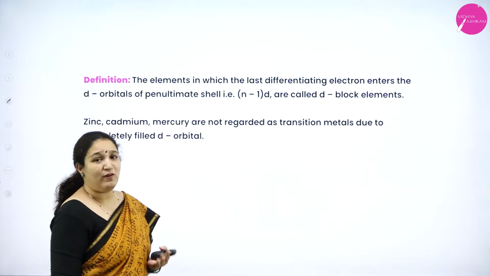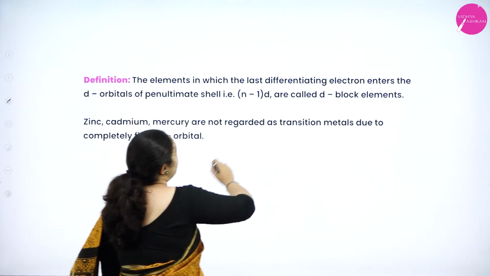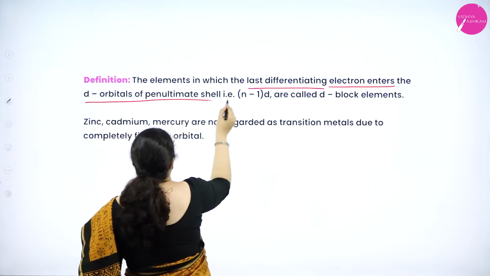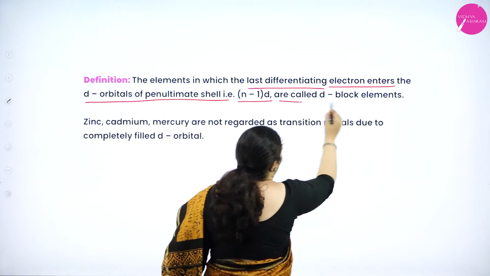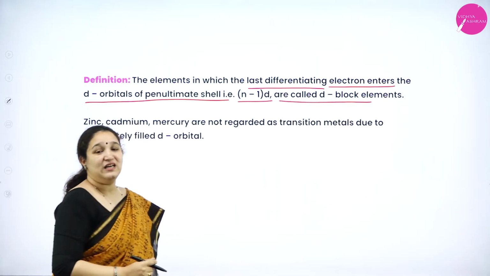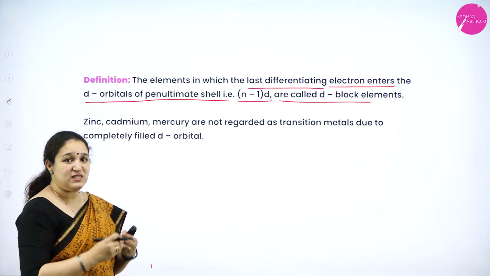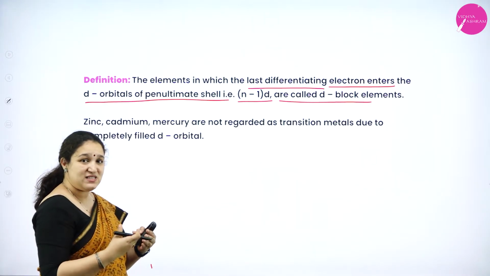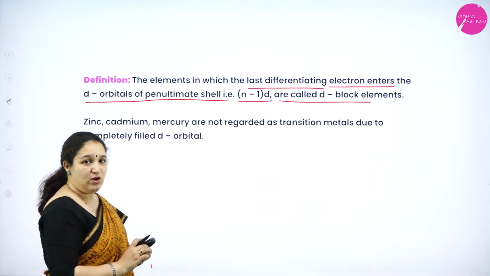Okay, one more way of defining: the elements in which the last differentiating electrons enter the d orbital of the penultimate shell, that is n-1 d, are called d block elements. That is, the last electrons, the valence electrons, are entering into the n-1 d orbital.